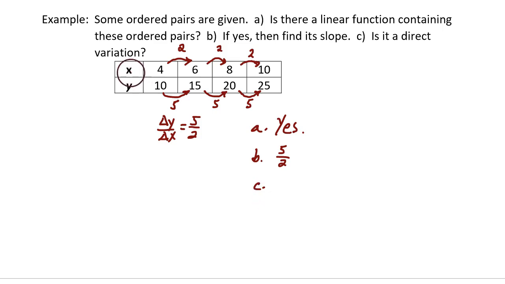So let's figure out what is the value of y when x is 0. Earlier this year, we learned the point slope formula, which is y minus y1 equals m times x minus x1. We can use this ordered pair as our x1 and y1. Let's substitute the values.